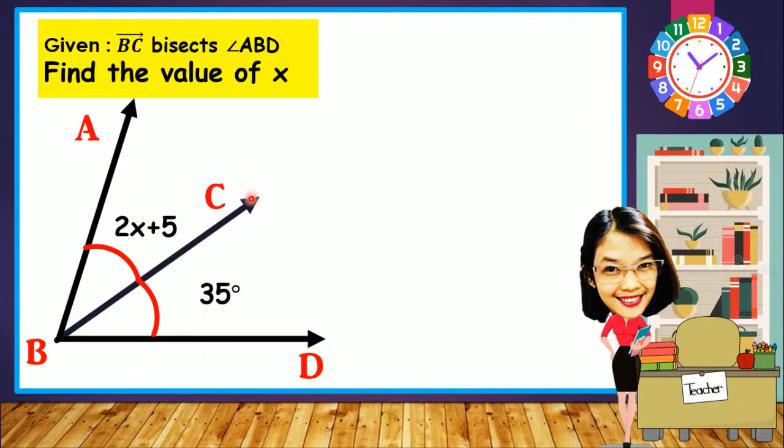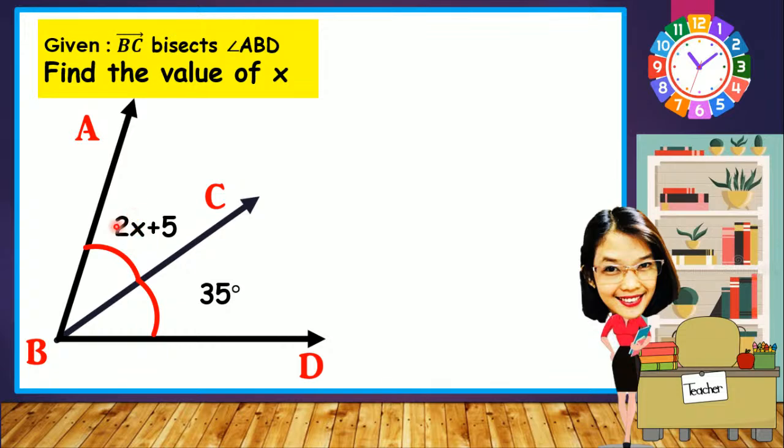So, sa pinag-aralan natin, CBD measures 35 degrees. So, ano yung measurement ng ABC, angle ABC, kung ang measurement ng angle CBD ay 35 degrees? Mamaya na tayo dun sa find the value of x.